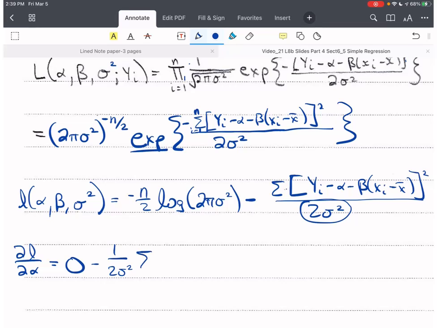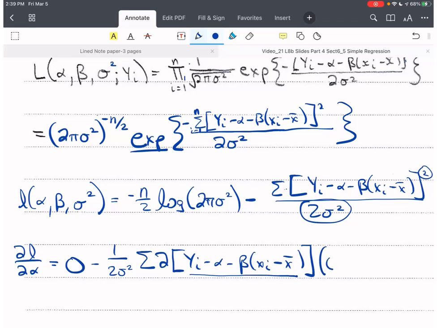So I'm going to take the sum, and now I have a function squared, so I'm going to take 2 times the function yi minus alpha minus beta xi minus x bar, and then times, using the chain rule, the derivative of the function with respect to alpha. But this is just going to be 0 for y, and then a negative 1 for alpha, and then a 0 because there are no other alphas in this portion.